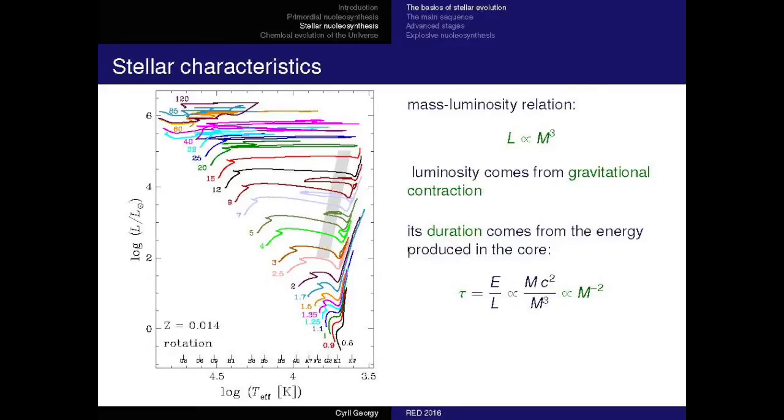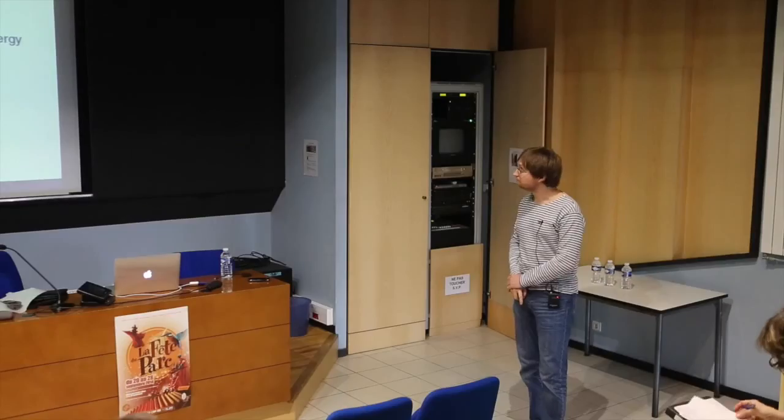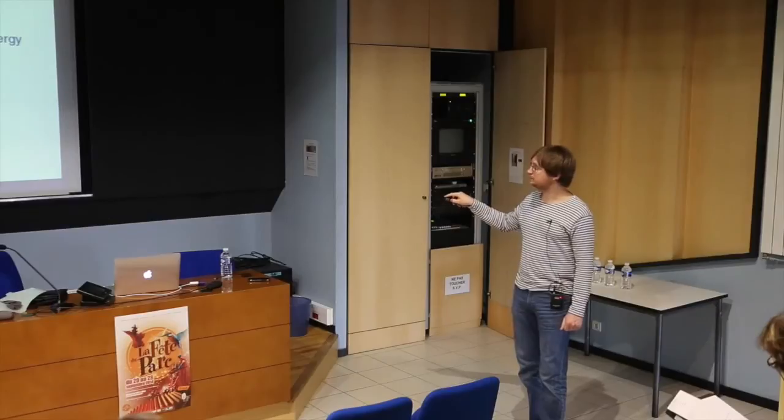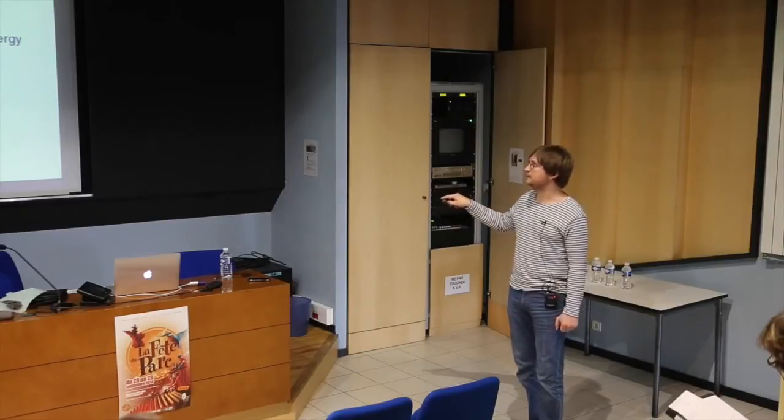But the duration at which the star is able to sustain this luminosity is determined by what kind of energy is produced in the core. So basically, the lifetime of a star is determined by the energy available inside the core of the star divided by its power, by its luminosity.